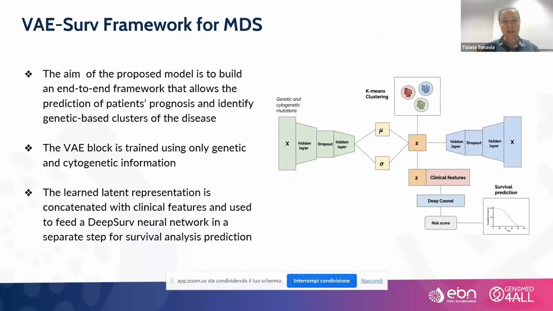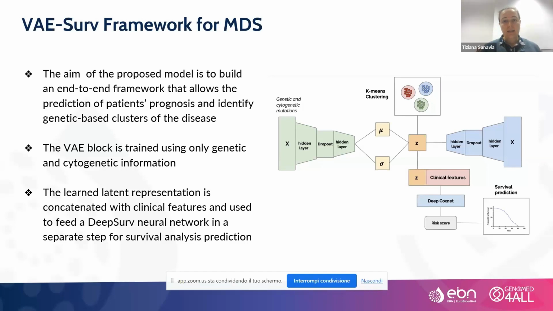So what we are testing now is a new framework based on neural networks that tries to predict the patient's prognosis and at the same time identify genetic-based clusters of disease.